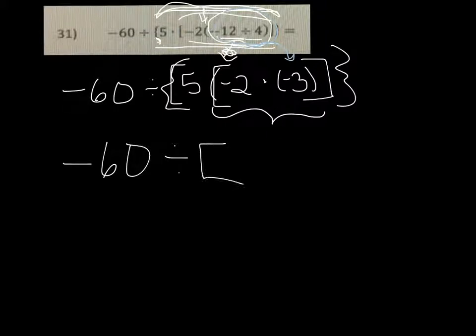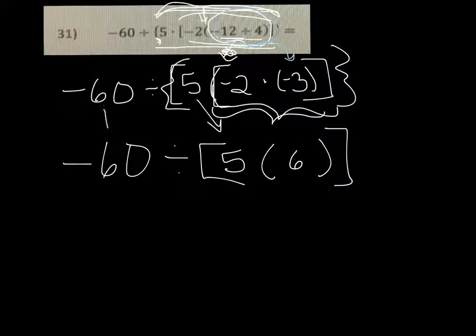Now I can use brackets. 5 times negative 2 times a negative 3. What's my answer? Positive 6. Okay. Now it's looking a lot cleaner, isn't it? So again, all I've done now is just this guy. This guy came down, this guy came down, this symbol came down.